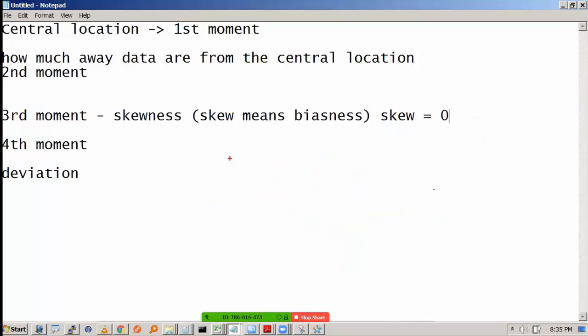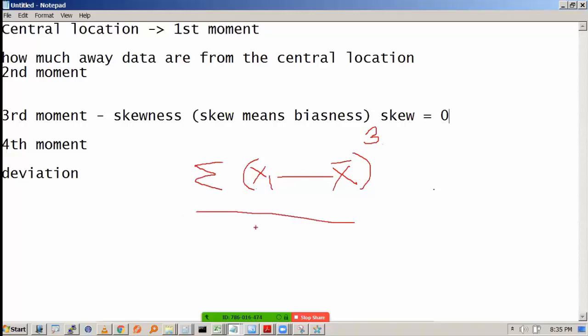So we have to understand how skewness comes. It comes by taking the deviation, cubing it, taking the summation of that and doing some more calculation, like dividing by the standard deviation cubed.